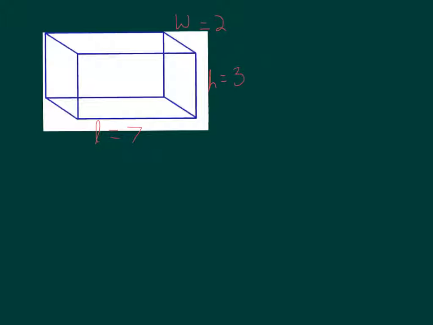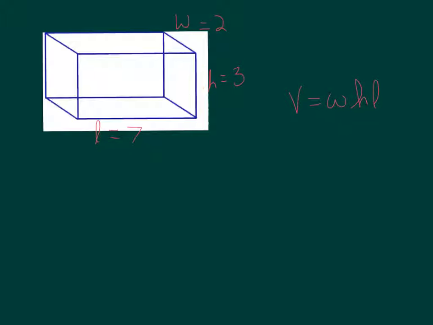For our first exercise, we are going to be finding the volume of this rectangular prism. Now remember, the formula for the prism is volume equals width times height times length.